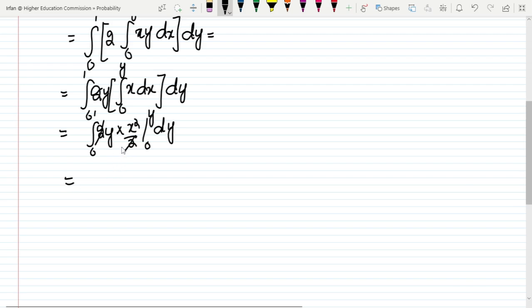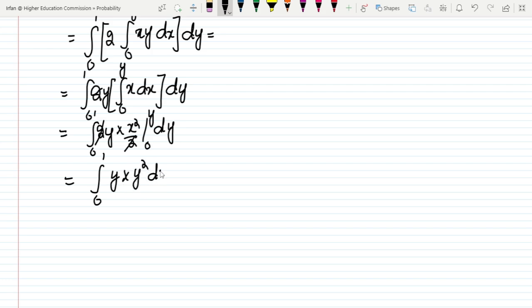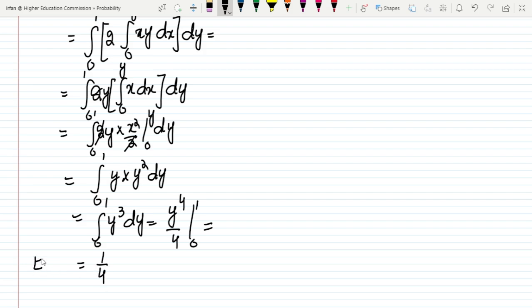Putting these limits here, from 0 to 1, we will get y into y square dy, which will ultimately be the integral from 0 to 1 of y cube dy, which is y to the power 4 divided by 4, from 0 to 1, and ultimately it will be 1 by 4. So the value of E of xy is 1 by 4.